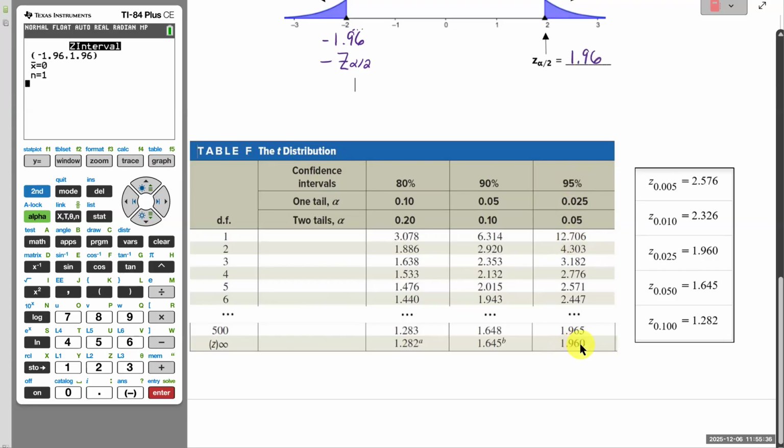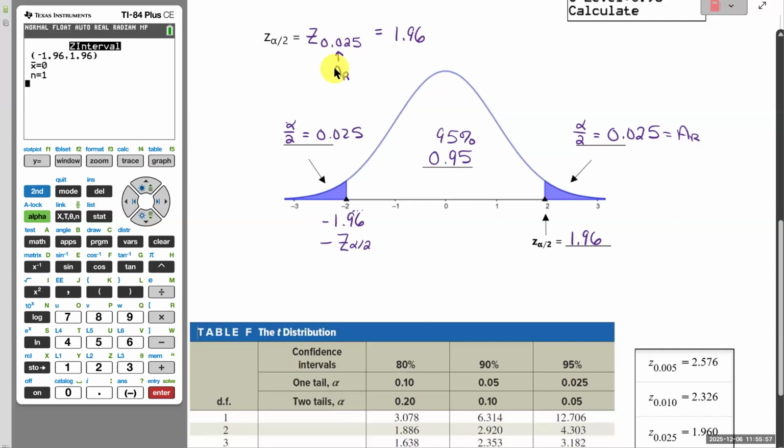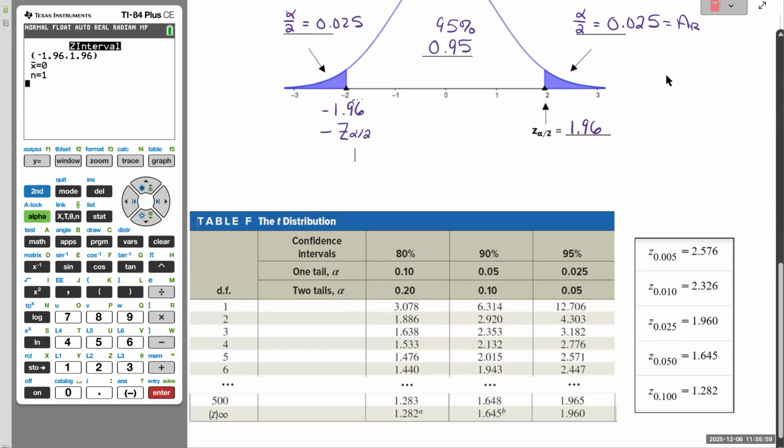So oftentimes we can just read answers from tables as well. And sometimes you might just get a list of common z-scores. As long as you know how to read the notation here, we just did the z with an alpha over 2 of 0.025. As long as you know your value for alpha over 2, then you could read the answer there as well.